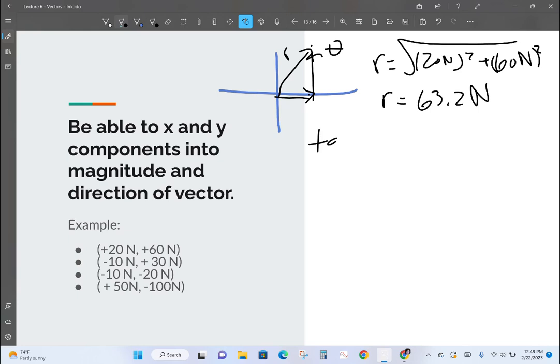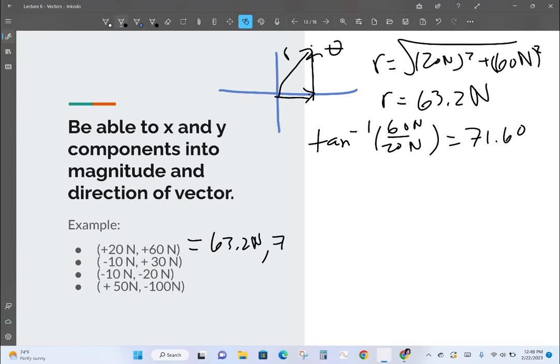So tan to the -1 of 60 newtons divided by 20 newtons is 71.6 degrees. So this is 63.2 newtons, comma, 71.6 degrees.